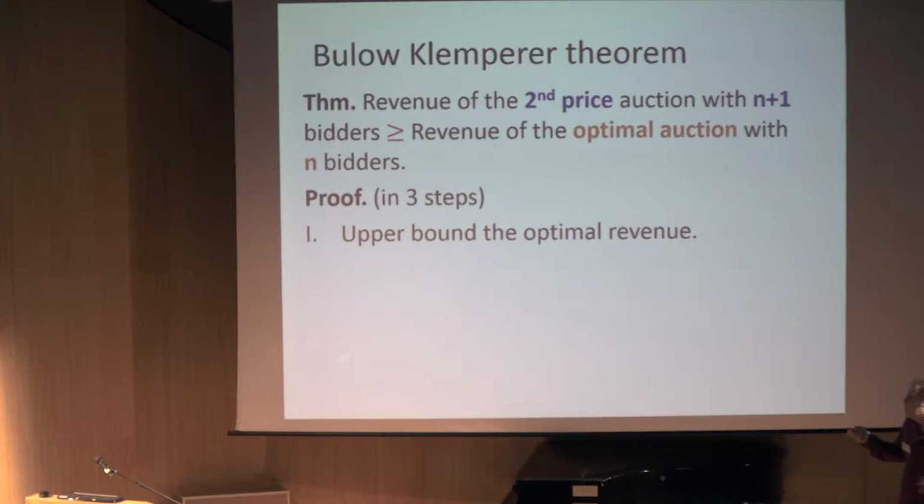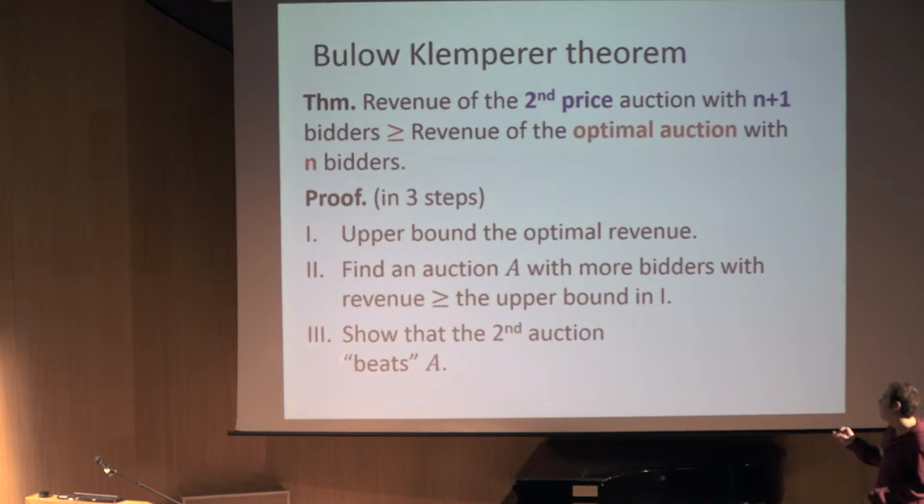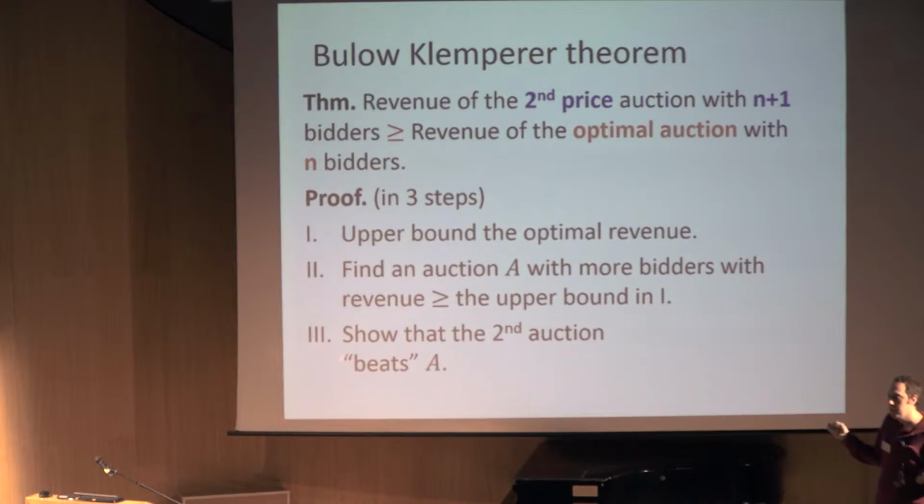The first step is to upper bound the optimal revenue. The second step is to find some auction with more bidders that covers the upper bound we found in step 1. And the third step is just showing that the second price auction beats the auction we found in step 2. Chaining these together gives us that the second price auction with more bidders covers the optimal revenue.